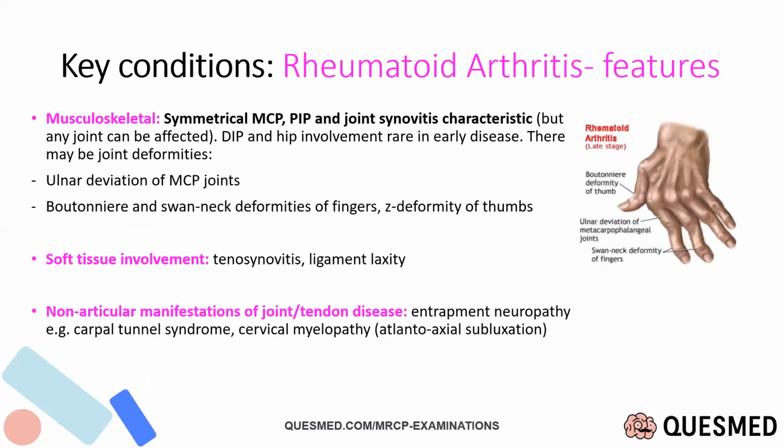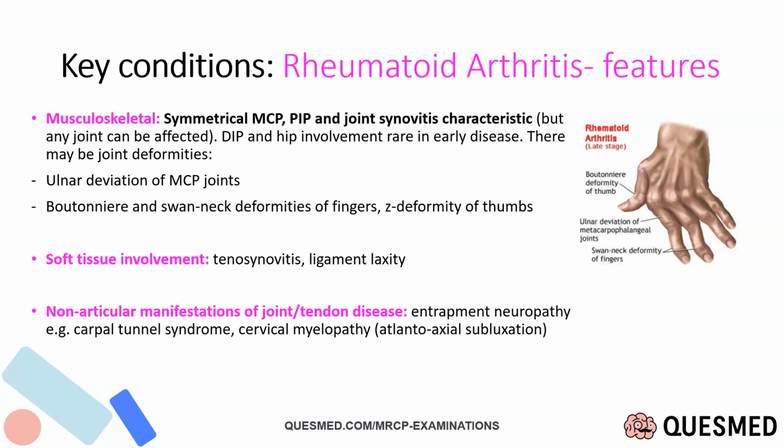So just talking more about the features, you're looking at a symmetrical disease, and often the joints most commonly involved are the MCP and PIP joints, and that often comes up in questions, that the MCPs and PIPs are affected compared to the DIPs, which is more common in other conditions. Other joints can be affected, but that is the most common.